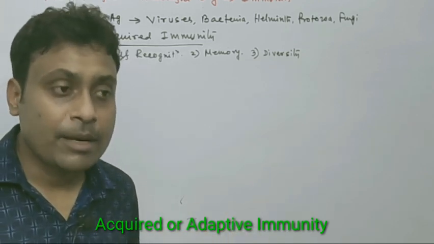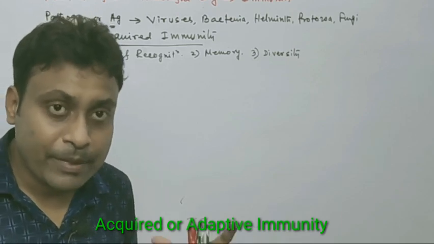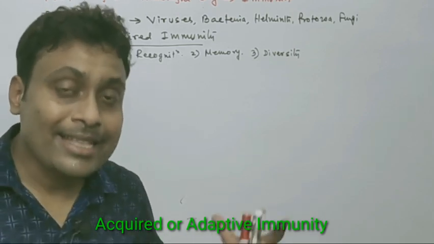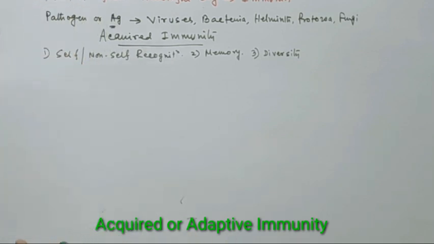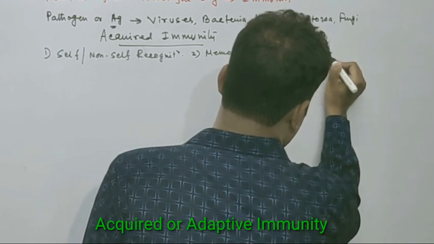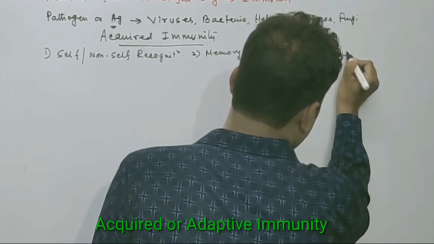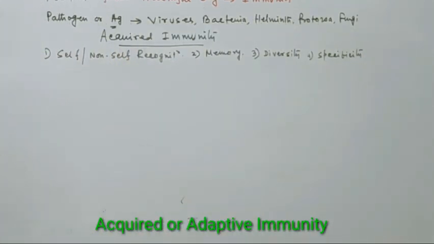There are various types of antigens present in the world, so our immunological system can produce specific antibodies against these various types of antigens, and this is called diversity. The last one is specificity. A specific antibody will be produced against a specific antigen, and this is called specificity.